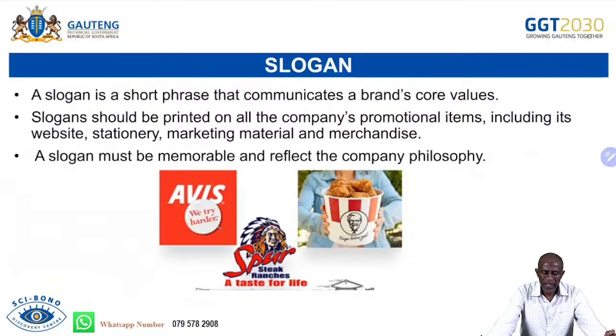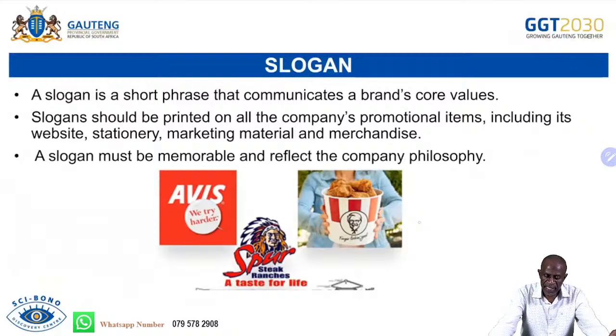The slogan. A slogan is a short phrase that communicates a brand's core values. So a slogan emphasizes the value of the business. With KFC, you have a slogan, it's finger licking good.